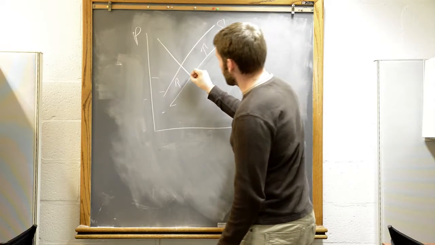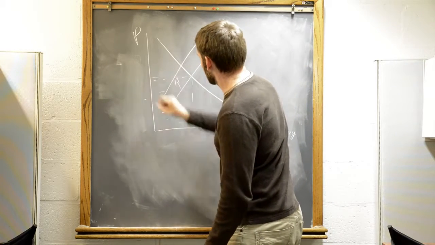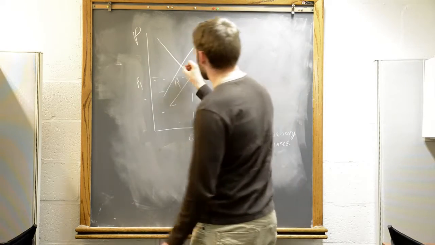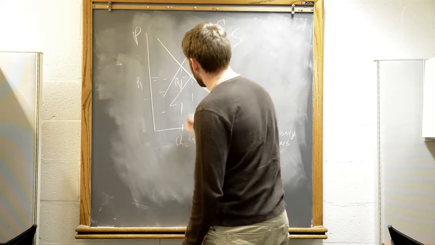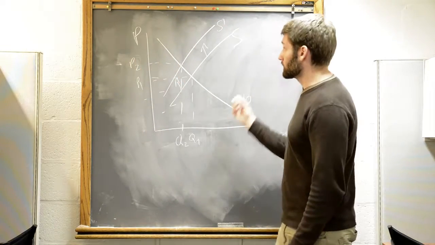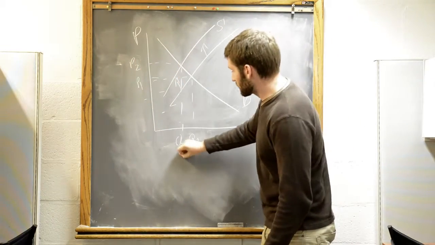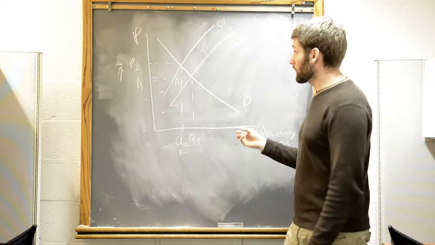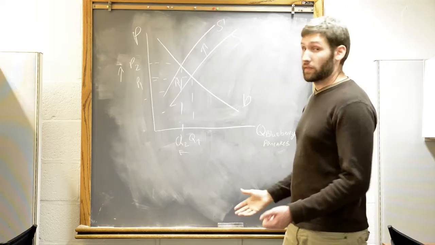So here we go from one equilibrium, Q1, P1, to a new equilibrium, Q2, P2. At this new equilibrium, our quantity has decreased and our price has increased. So that's basically it.